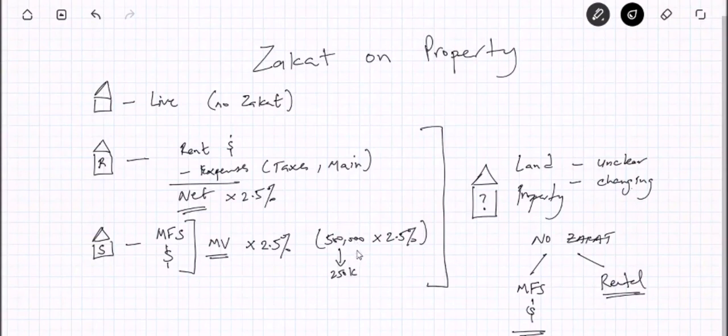Also keep in mind, for the value of a property marked for sale, you can consider removing some expenses, such as the commission fees and even the taxes you might be paying. You can hypothetically estimate how much that might be and subtract it from your equation. Just keep that in mind, inshallah.